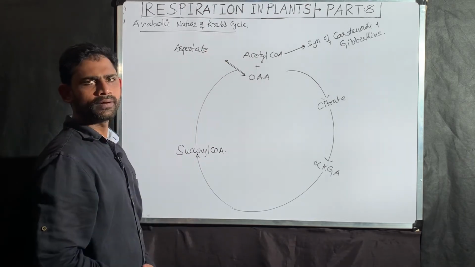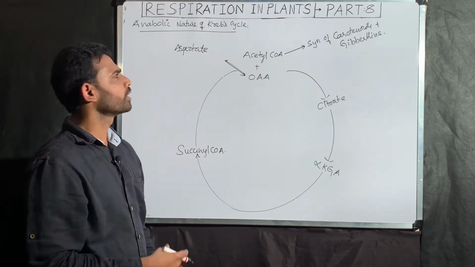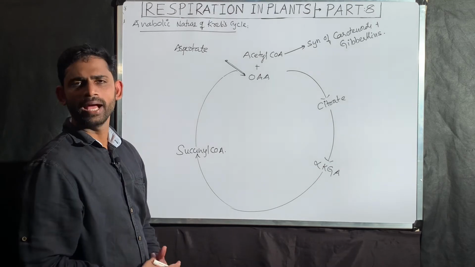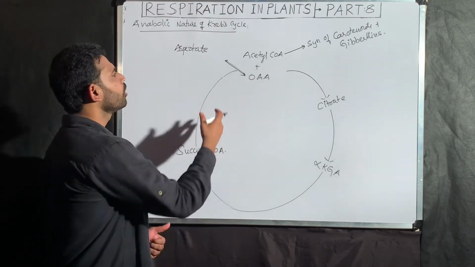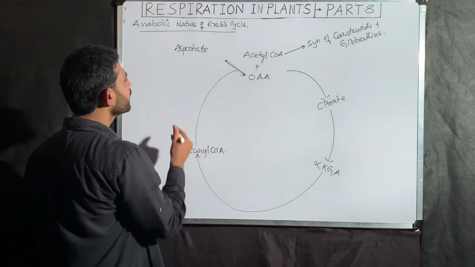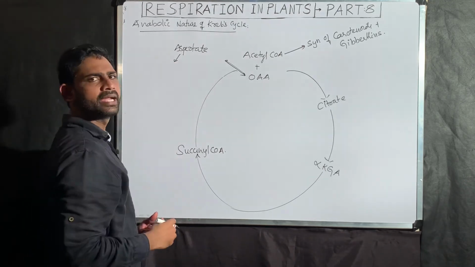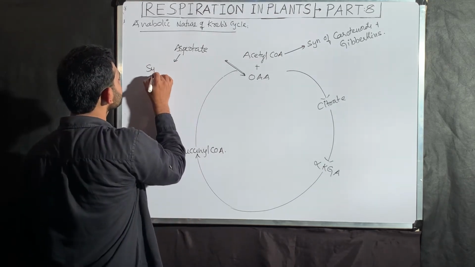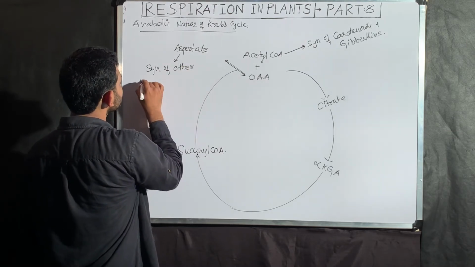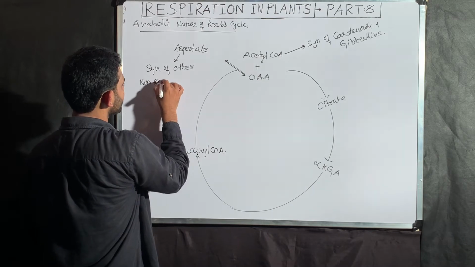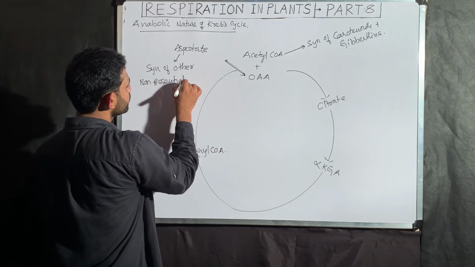That is one of the non-essential amino acids. You remember, oxaloacetic acid is involved in the synthesis of aspartate. This aspartate is involved in the synthesis of other non-essential amino acids.